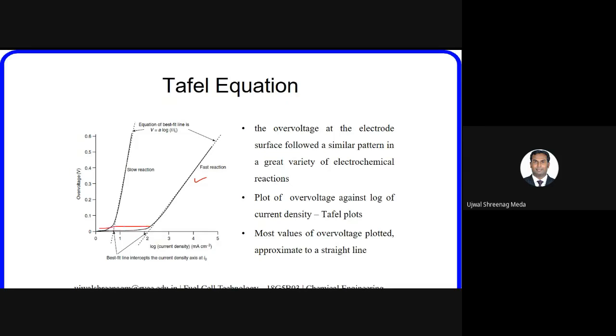Consider this region, and since this is a plot of the logarithm of current density, this is in the order of 10, 100, 1000, 10,000 and 100,000. So 1, 2, 3, 4, 5 logarithmic values. Log 1 is 10, log 2 is 100, 1000, like that. So it increases in the order of 10.